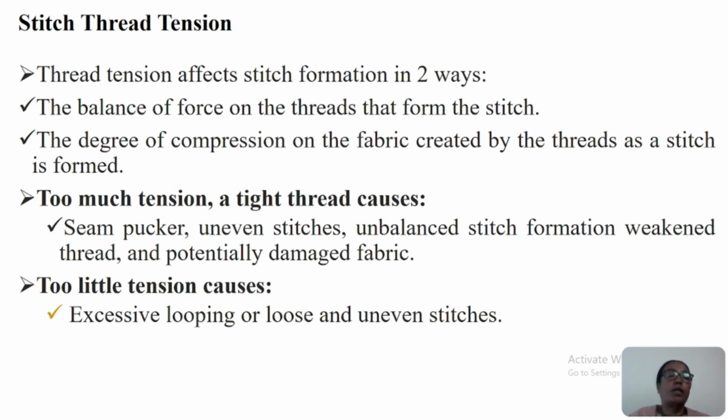The thread tension should be balanced first on the threads that form the stitch. At the beginning of sewing, the operator or the sewer should check the upper and the lower thread tension. It is the degree of compression on the fabric by the thread as a stitch is formed.